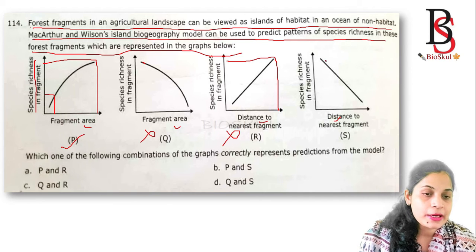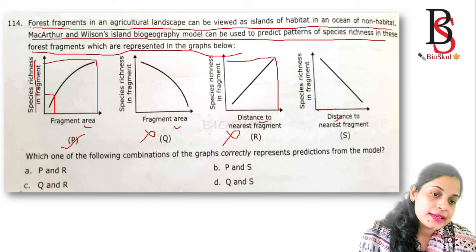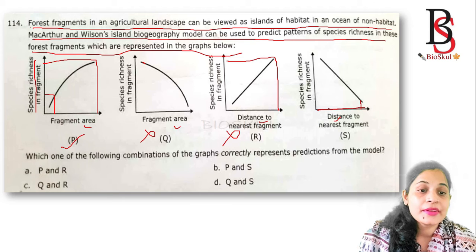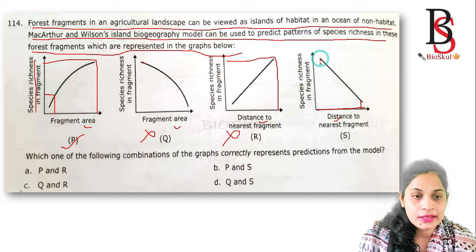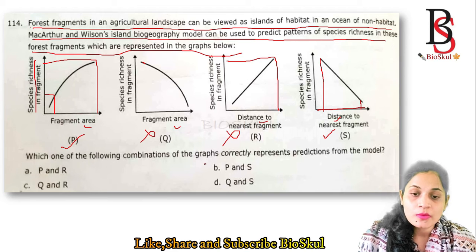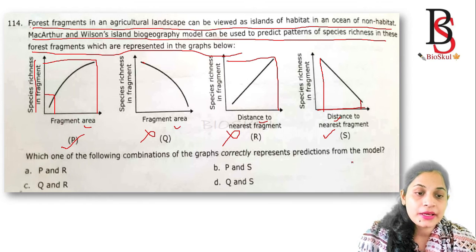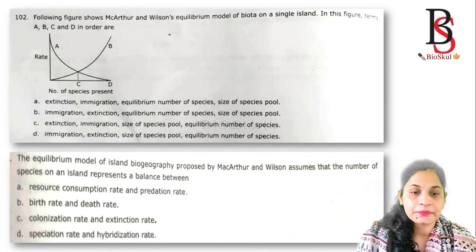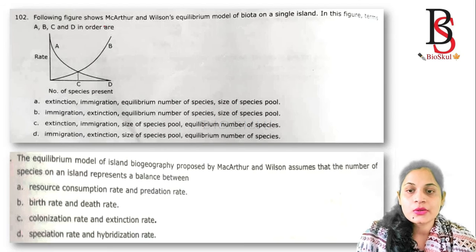Now S, distance to nearest fragment: as the distance increases, the species richness decreases, and nearer there are more species present. So this one is the correct answer. So the combination of graphs that correctly represents the prediction from the model is P and S, which is option B. Okay, then the next question.